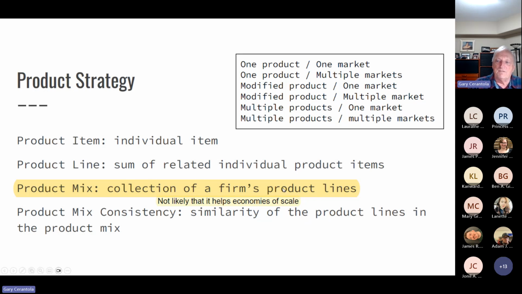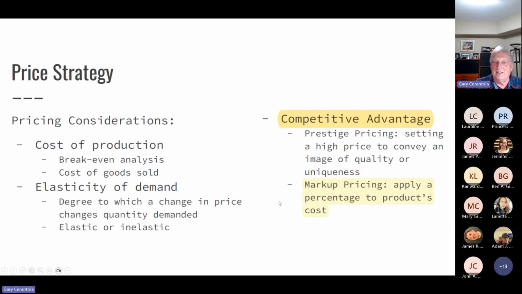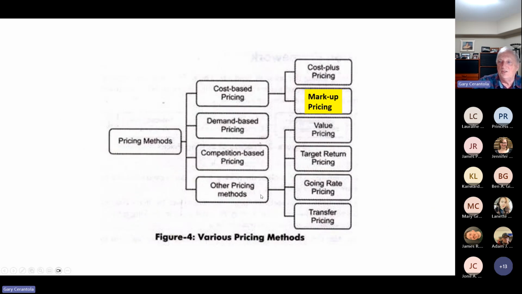It's a collection of the firm's product lines, and there are things you need to look at in terms of price considerations: the cost of the product, the type of elasticity of demand that could come into play, competitive advantage in terms of how to do that pricing, and then markup pricing. And you can see that this is highlighted as well. So it's important in this piece, the different pricing methods.